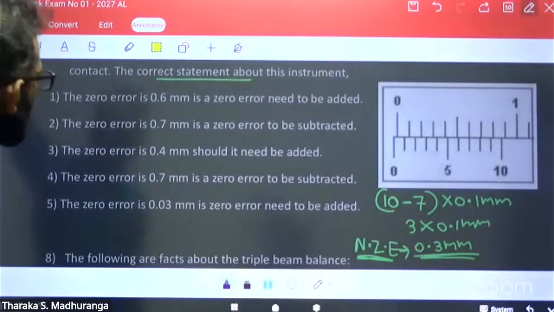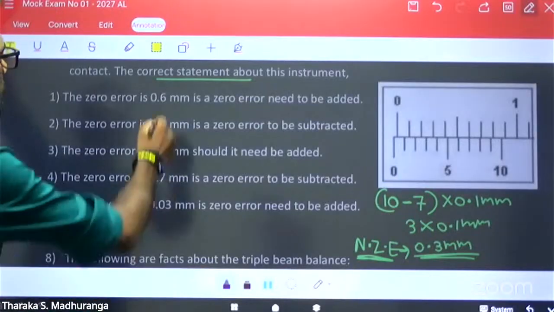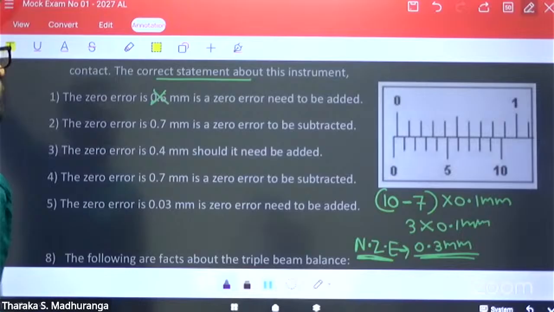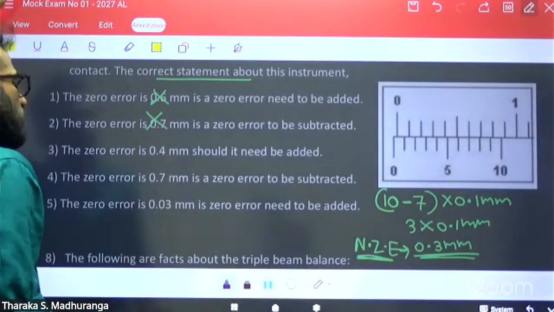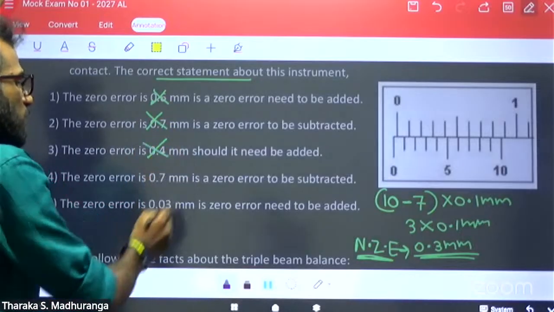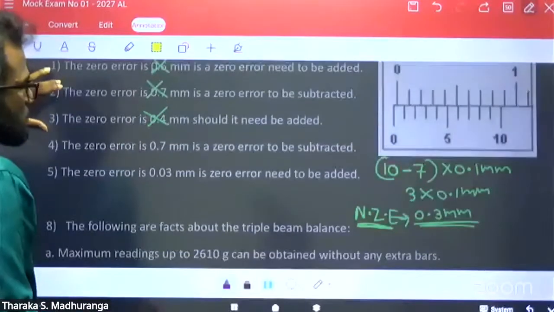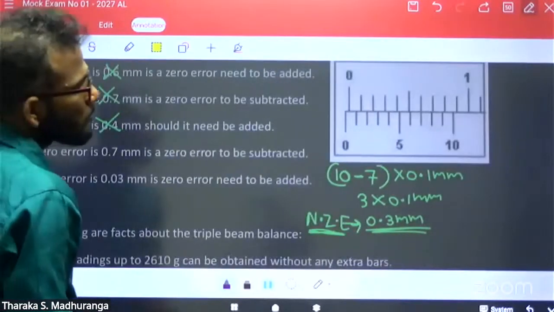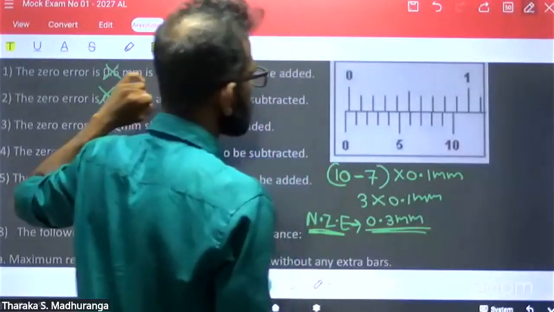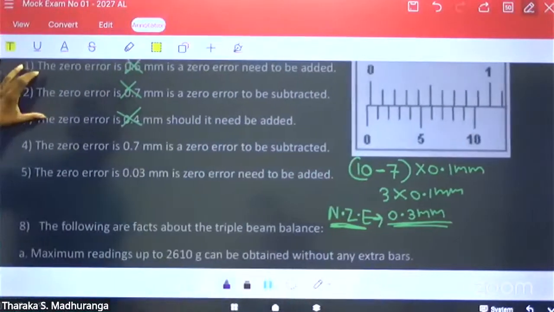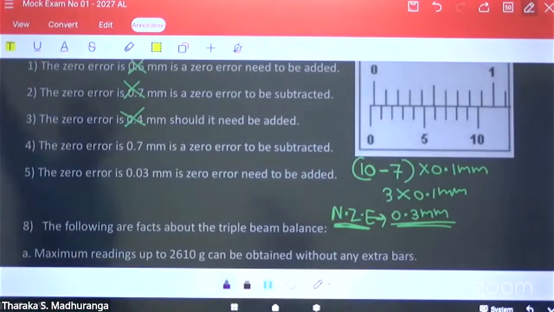Okay, answer number 1, the zero error is 0.6, no. The zero error 0.7, no. The zero error 0.4, no. The zero error 0.7, no. There is no answer.